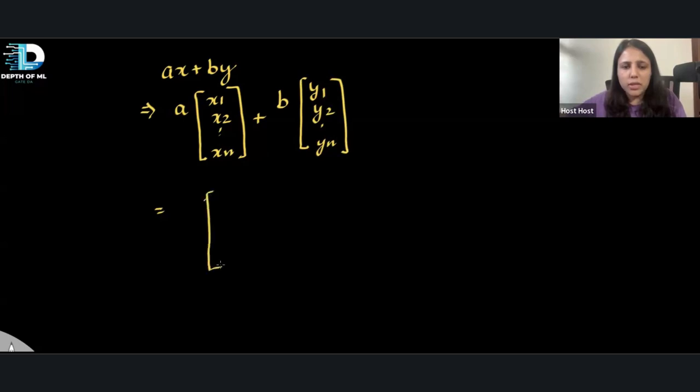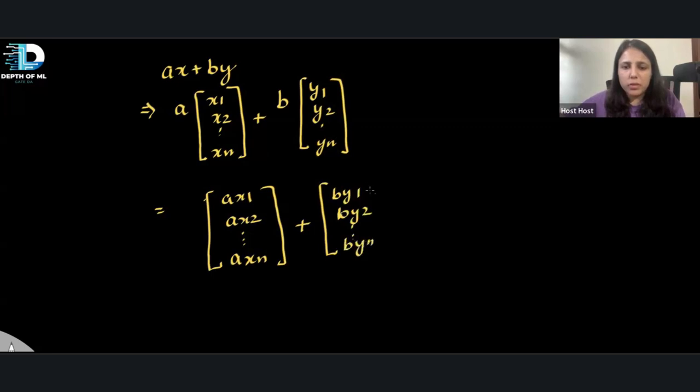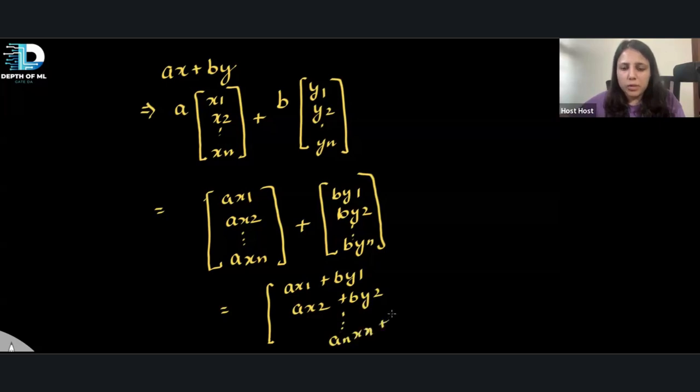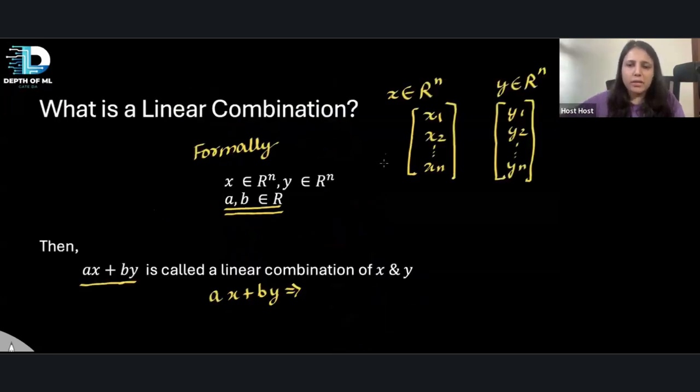If I take these values inside, this is nothing but (ax1, ax2, ..., axn) plus (by1, by2, ..., byn). And this is nothing but (ax1 plus by1, ax2 plus by2, ..., axn plus byn). So this is the linear combination. When we were adding and subtracting vectors, we were scaling them. If we combine these two operations, we actually get the linear combination of the vectors.